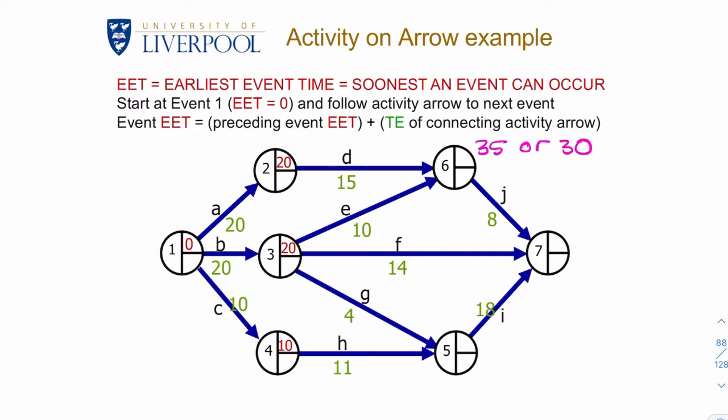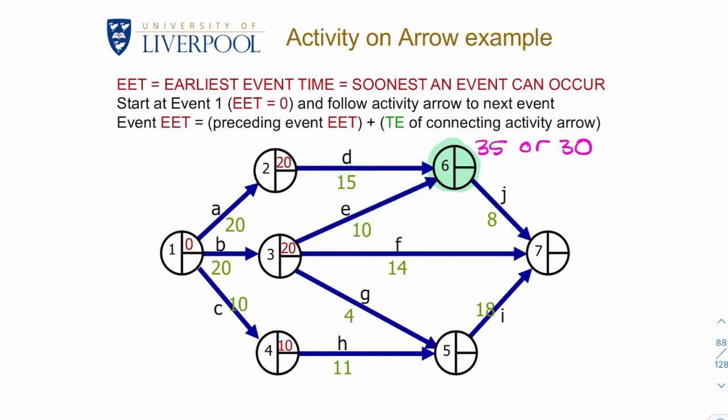So how long will it take to get here? If it'll take us 35 days to get here using this route, and 30 days to get there using that route, but we're unable to launch activity J until both this and this have both happened.